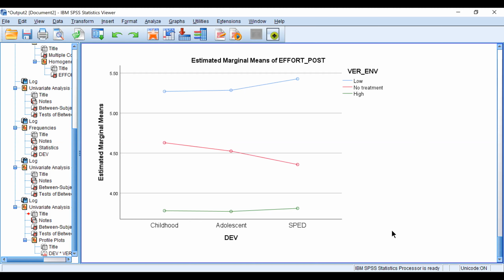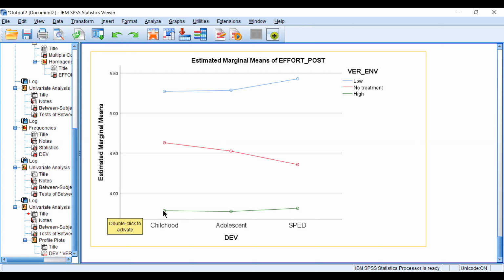So you can see that the overall line for high achieving students in terms of awarding part of grades based on effort is very low. Because the overall line across all of these development types, or whatever we want to call them, is low across the board, regardless of development type.